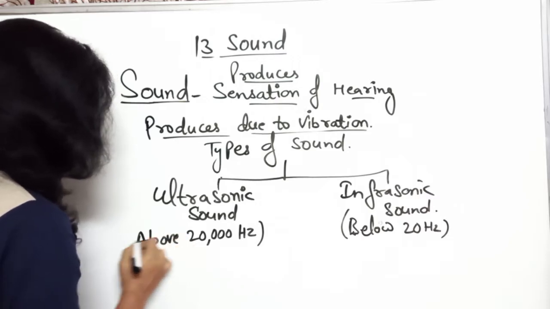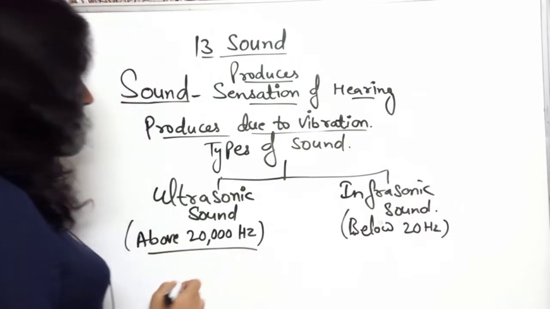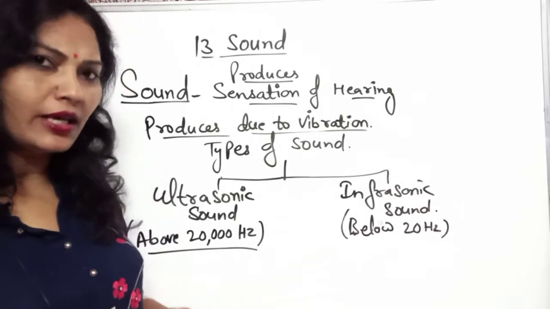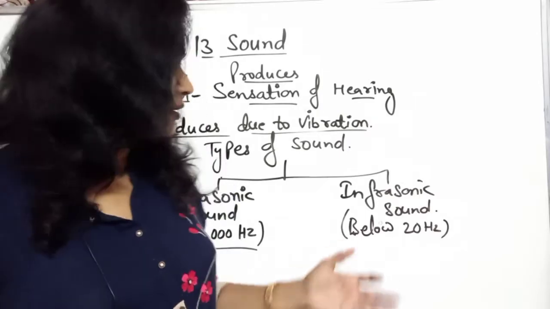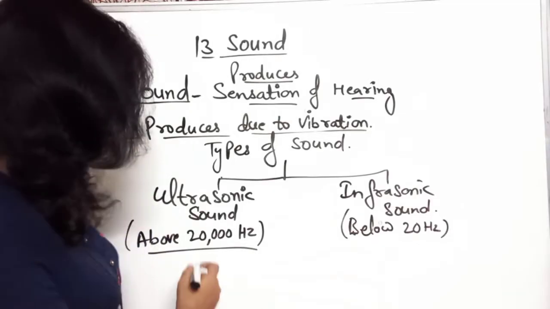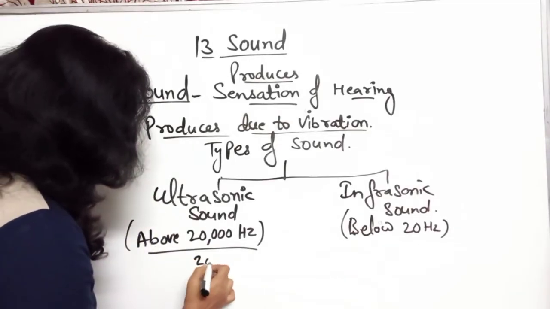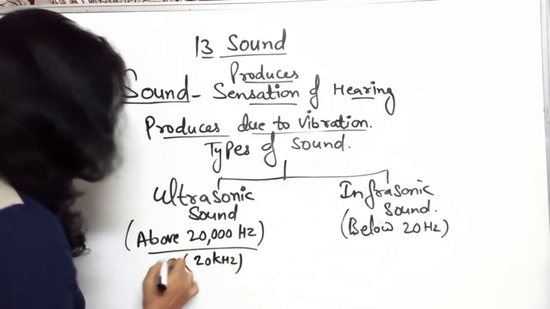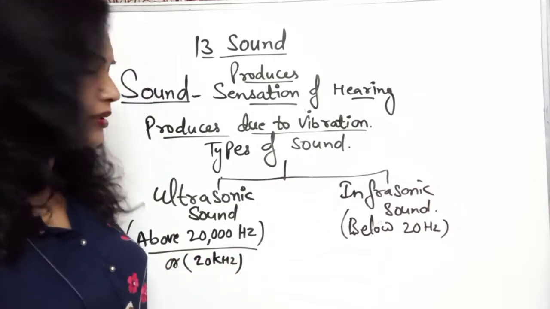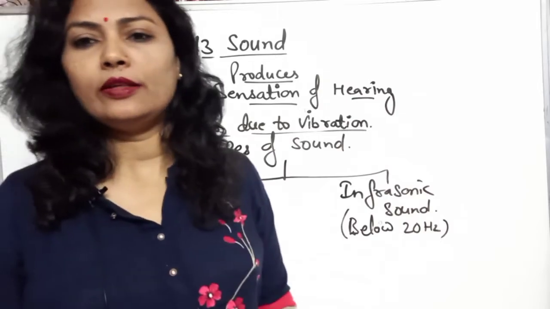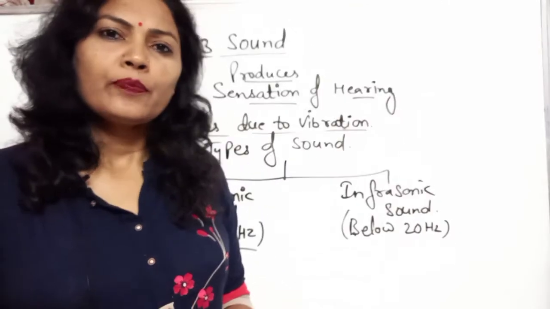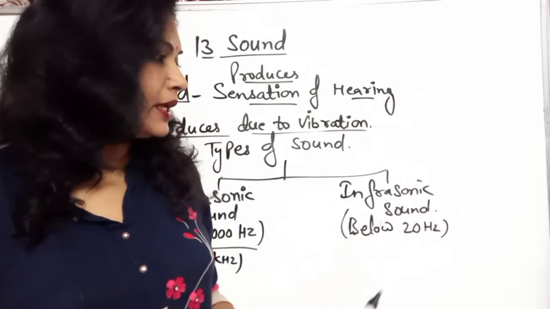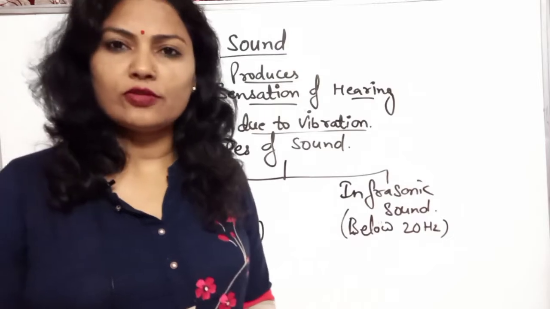So above 20,000 hertz is ultrasonic sound and below 20 hertz is infrasonic. 20,000 hertz you can say 20 kilohertz also. If this value is written, then you can explain this. So above 20,000 hertz is ultrasound and below 20 hertz is infrasonic sound.